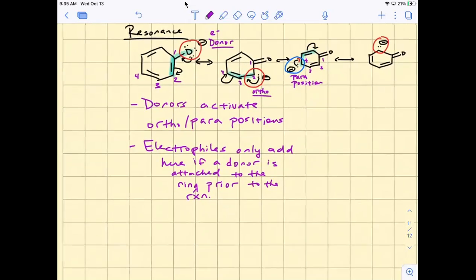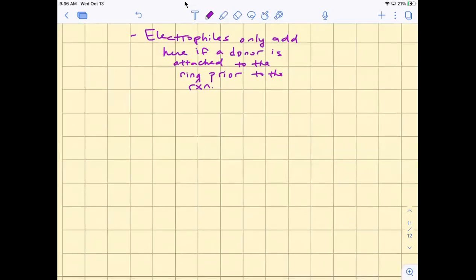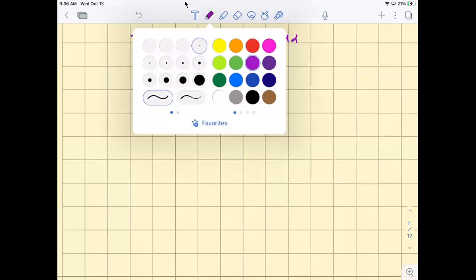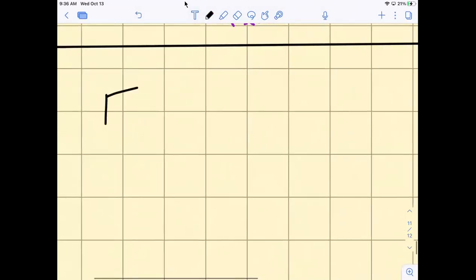So now let's think about if we put an acceptor on the ring. Let's look at a different case. I'm going to take an aromatic ring and put a carbonyl out here.